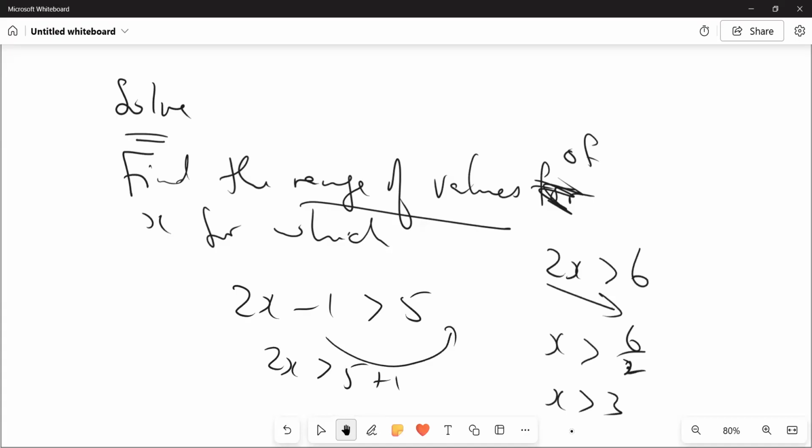Just like solving an equation, you pay almost no mind to the inequality sign. And the reason it's a range of values is that x is greater than 3, so x can be 4, 5, 10, 3.5, 5.5, any number greater than 3. That's all.